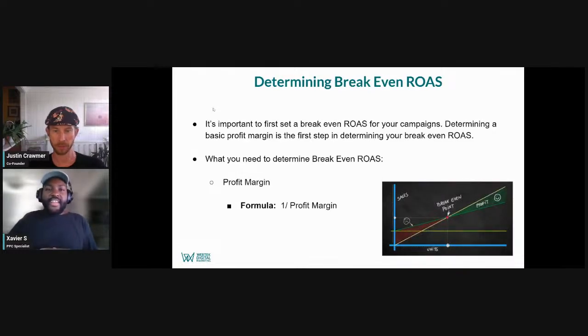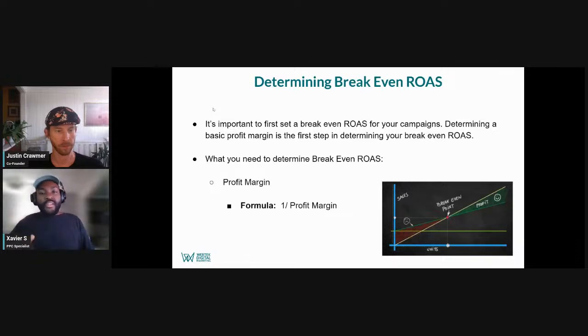And then there is your break even ROAS. It's important to know how much you need to make to break even, so that you can set goals for yourself. You say, okay, if I get this many conversions, I've broken even. If I get more than this, I'm in the green. Essentially all you'll need is to know your profit margin, which every business is going to be different.